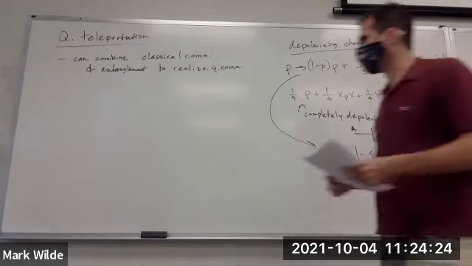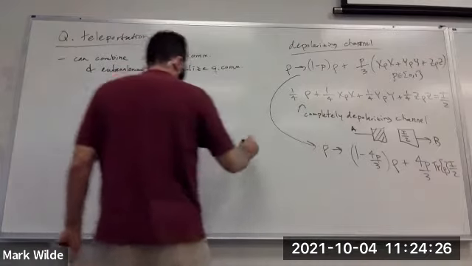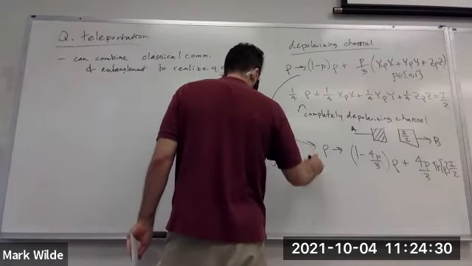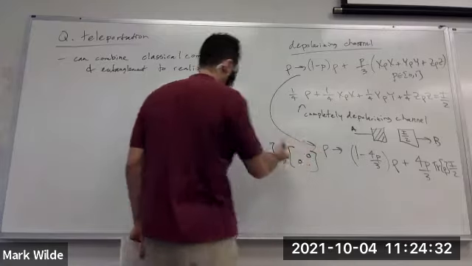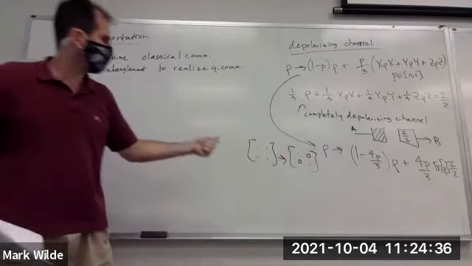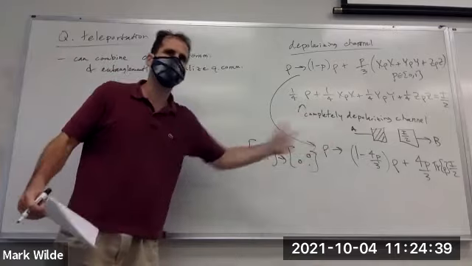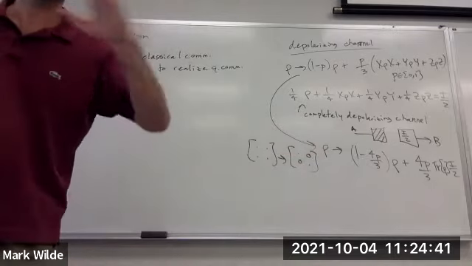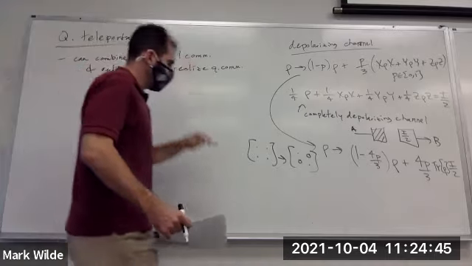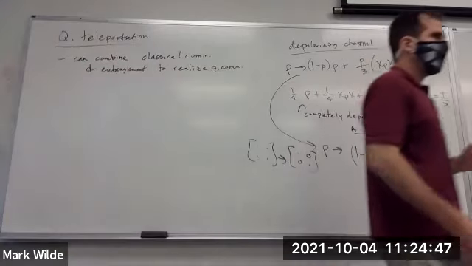We talked about a classical channel being this decoherence channel. When you write a classical channel like this, it's obvious that it cannot send quantum information. It cannot realize quantum communication. Classical communication alone can't do it.